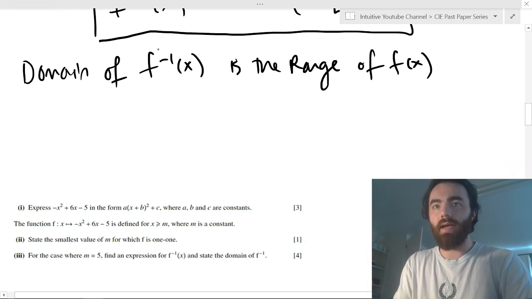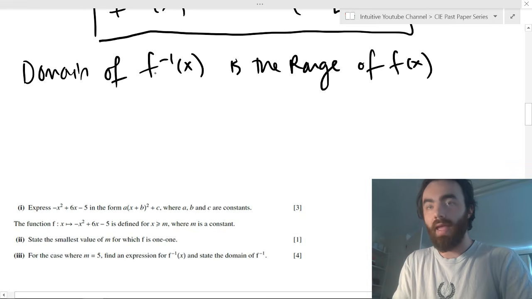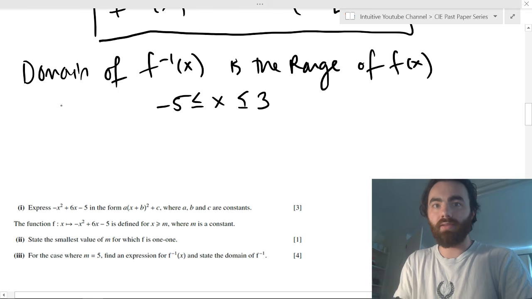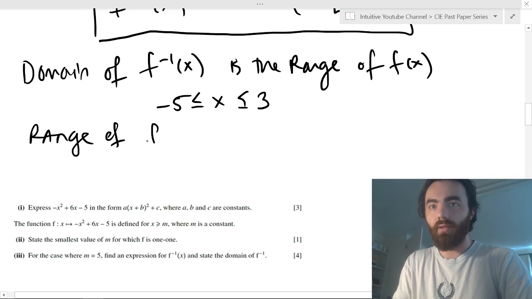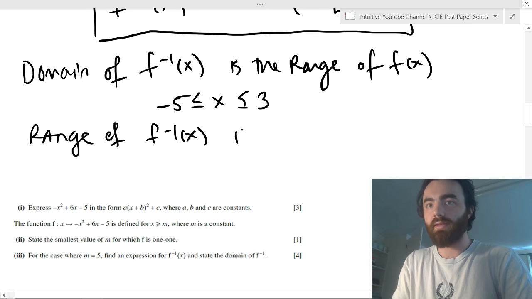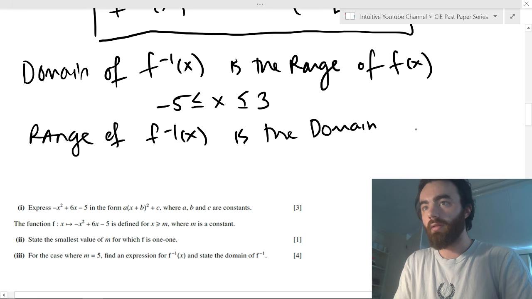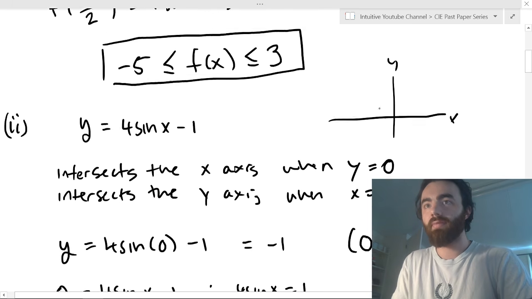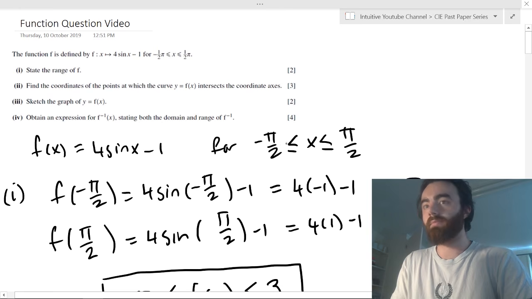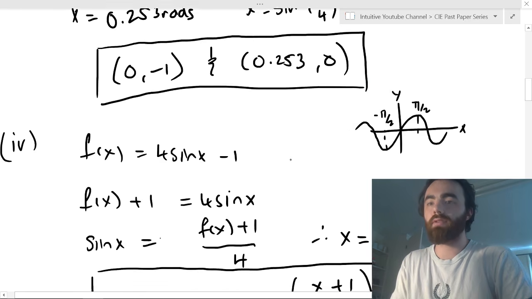So the domain of the inverse of f of x is from -5 to 3. And the range of the inverse of f of x is the domain of f of x, and the domain of f of x is from -pi/2 to pi/2.